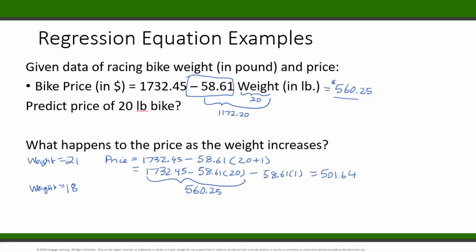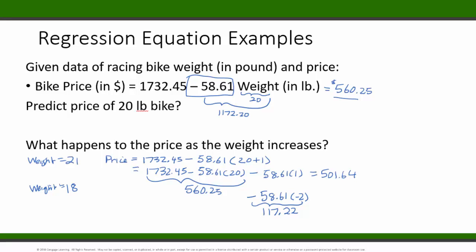Then the price should increase by 2 times 58.61. So we could think of it as the original price minus 58.61, and then the change in the weight is negative 2, decrease of 2, so it's kind of like this, which is actually increase of 117.22.